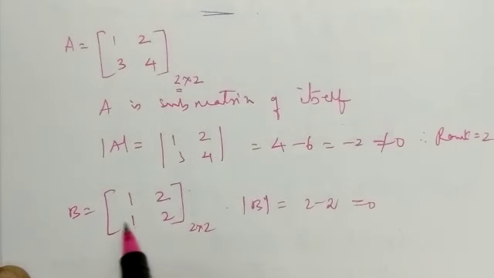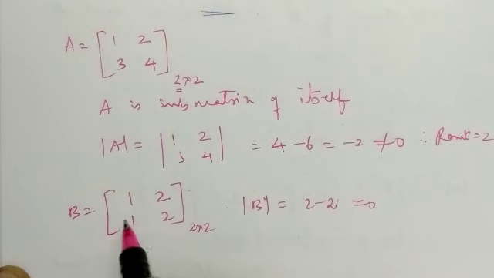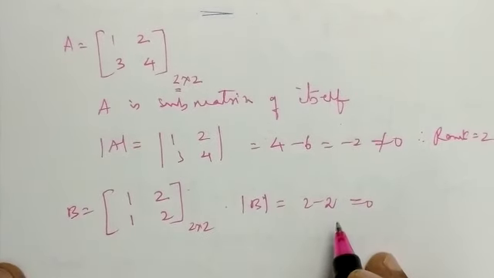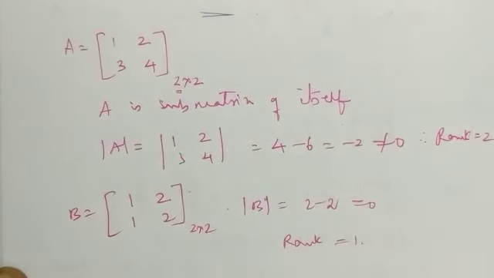So you have to remove one row and one column, and you are left with a single element matrix whose det is the element itself. So rank is 1. Like this, we need to find rank.